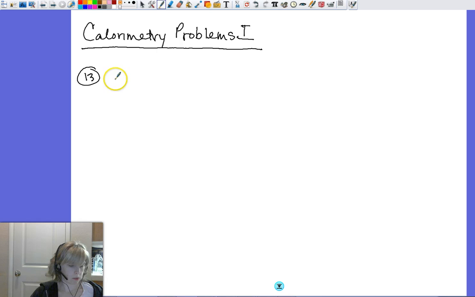we're going to be using our Q equals mc delta T because we have a change in temperature that we're given, we know the specific heat, and we're given the mass. So 680 calories was what the total energy was, and now we have 10 grams.